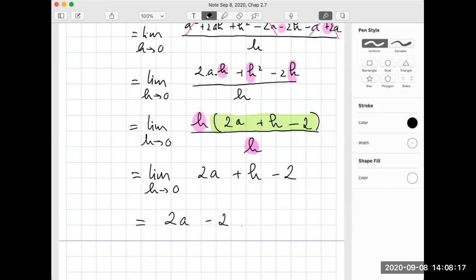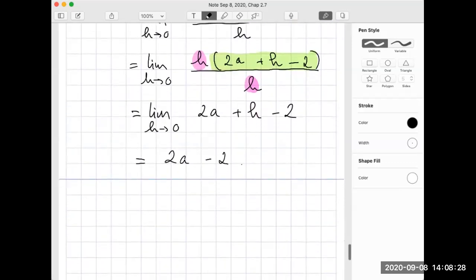Now, therefore, we can also find the tangent line of this guy, right? Let me see.